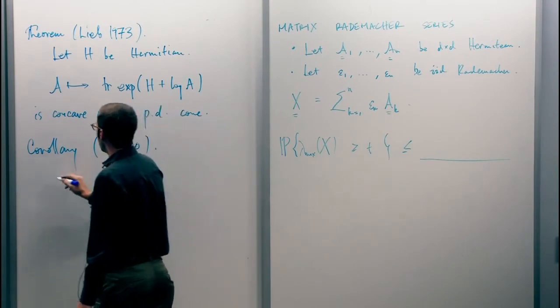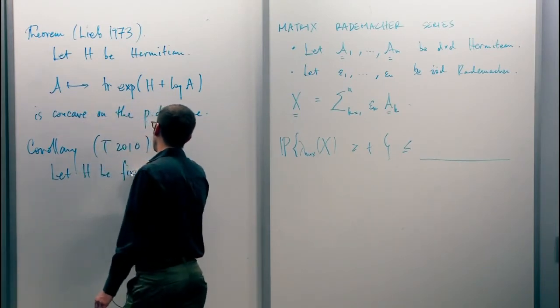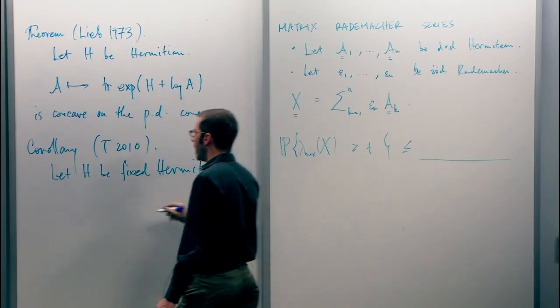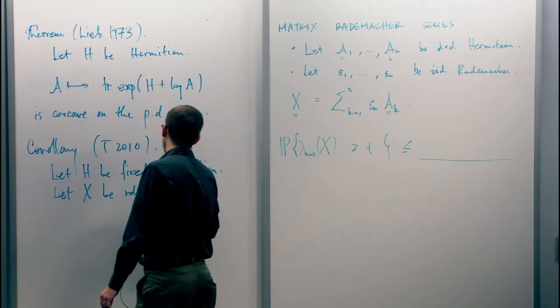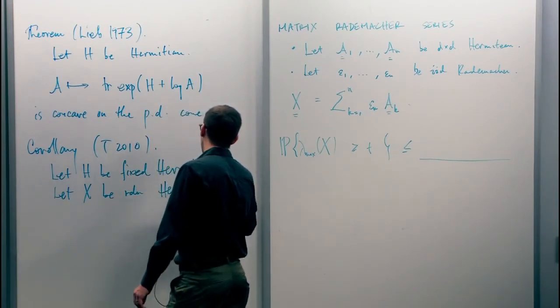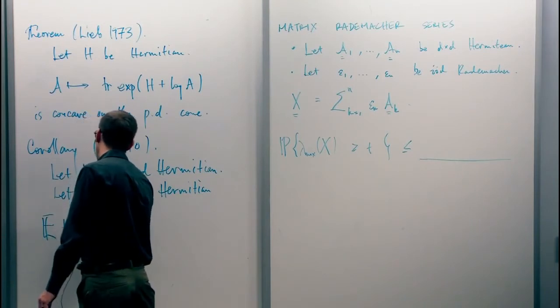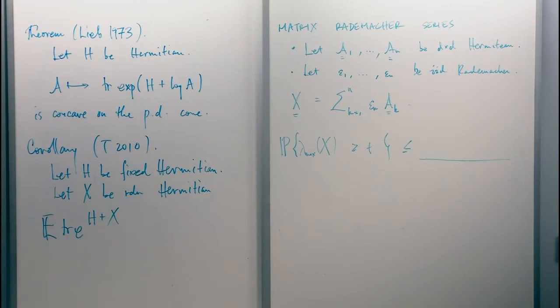So we're going to let H be a fixed Hermitian matrix, and we're going to let X be random Hermitian. What we're interested in doing is computing things that look like the expectation of the trace of e to the H plus X, because we've got a sum of a whole bunch of random matrices here, and we'd like to break that sum down.